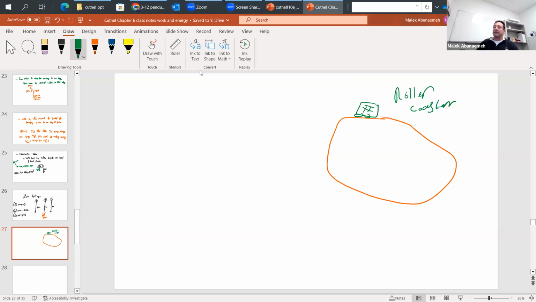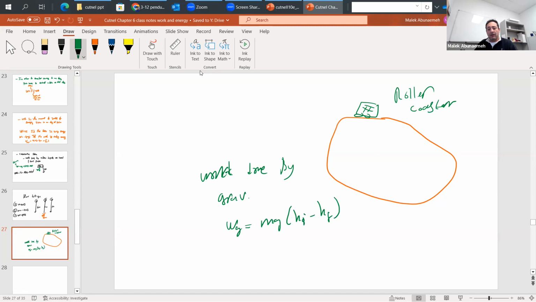Roller coaster is the best example because with the work done by gravity, WG is going to equal mg(H initial minus H final), which means that your H initial is going to equal your H final.